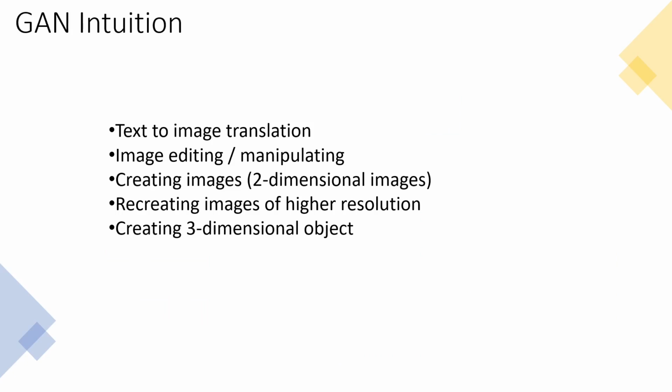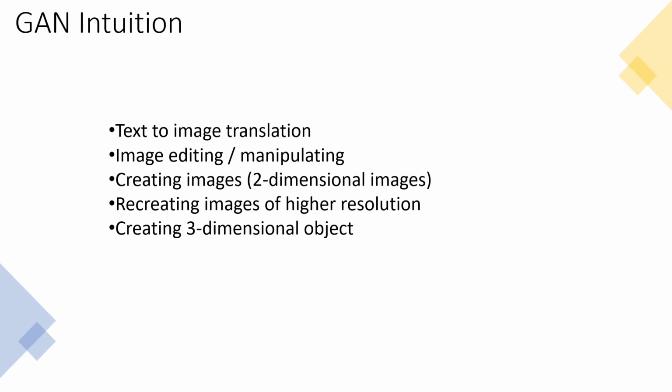So how do we use GANs? We can use it for text-to-image translation. That's what we basically do with this Leonardo AI or Lexica or Midjourney. You define an image with text, and the generative network basically translates this into image domain and creates you an image.